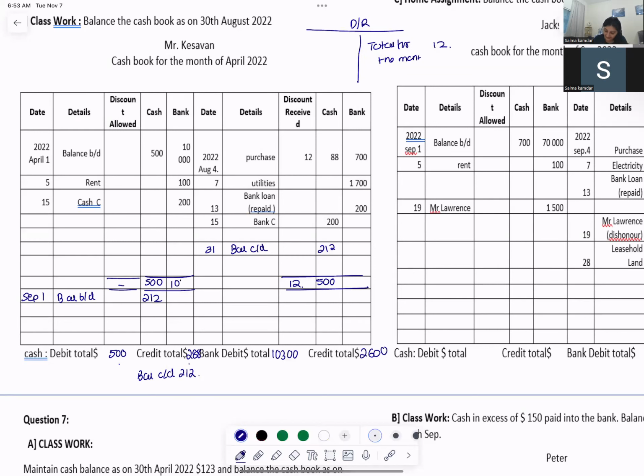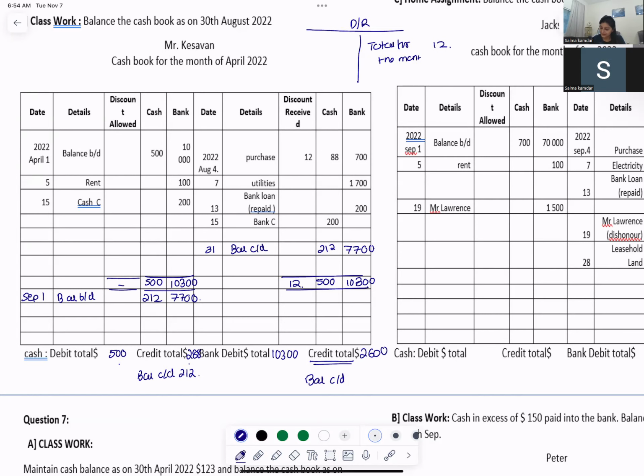So I will write the more on both the sides. The balance closed down will come on the shorter side, that is the credit side. So 10,300 minus 2,600. So what is your closing balance? It is 7,700. This is the normal balancing.